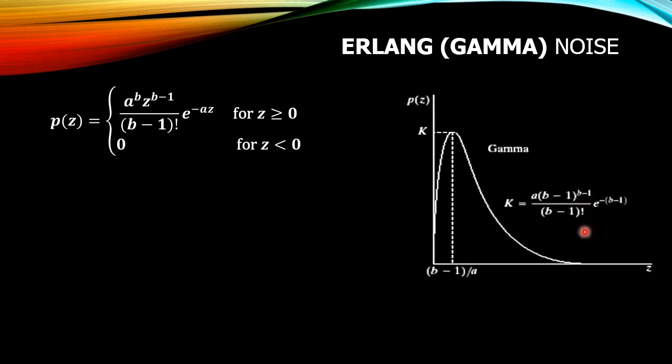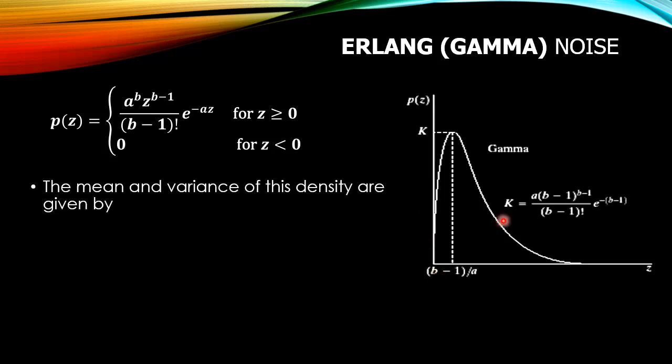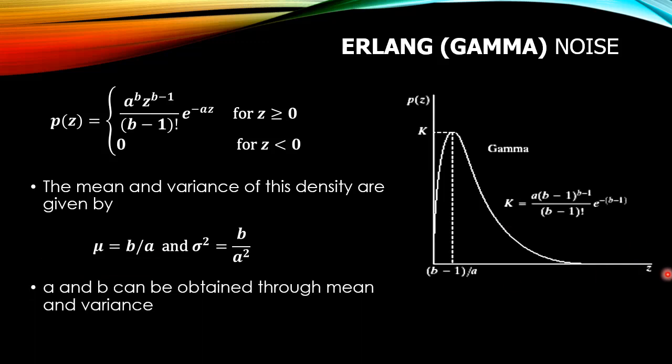The PDF plot is given here, and it's similar to the Rayleigh noise, only shifted towards the left. It starts at the origin, and the mean and variance of this density are given by mu equal to b by a, and sigma square equal to b by a square. And a and b can be obtained through the mean and variance.